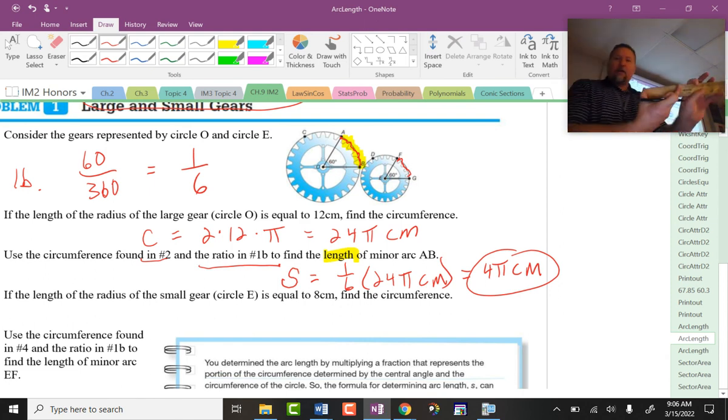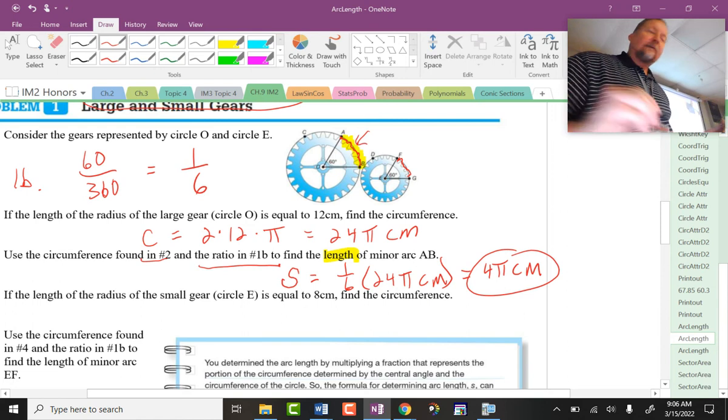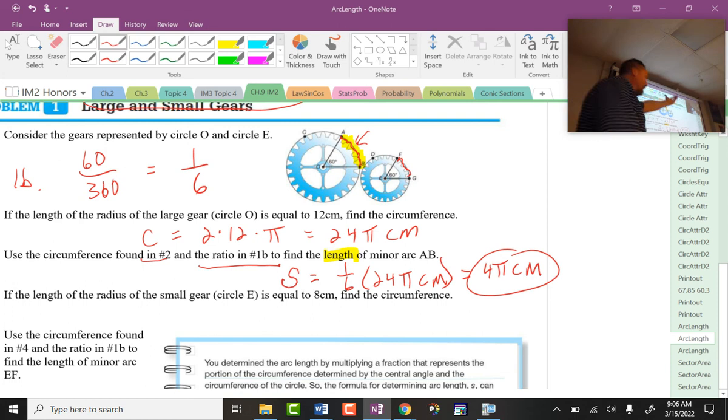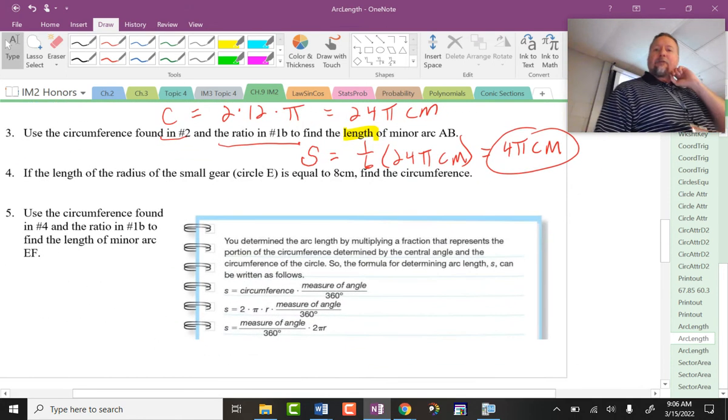That's how big that arc is. My finger's right here. That arc right here is that big, and that's how far you would walk. All right, 12 centimeters. So that is actually very concrete in understanding the difference between arc measure and arc length. All right, an actual physical distance that you actually travel.